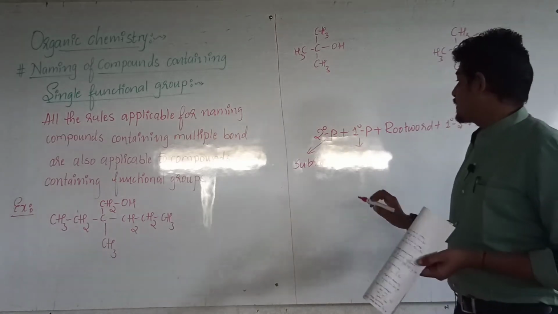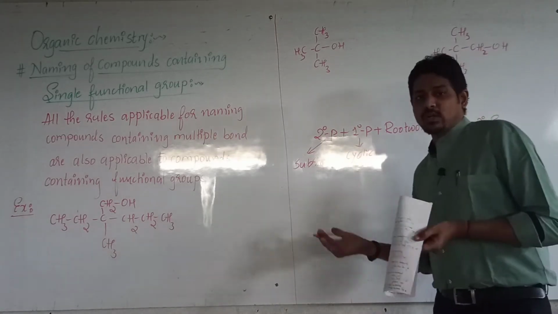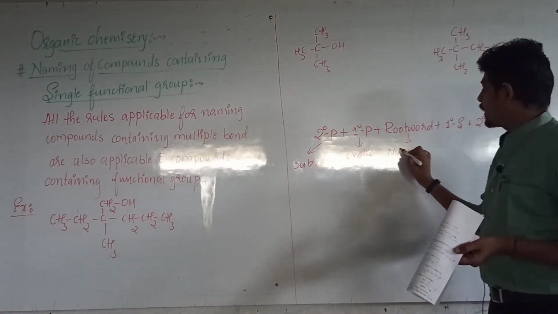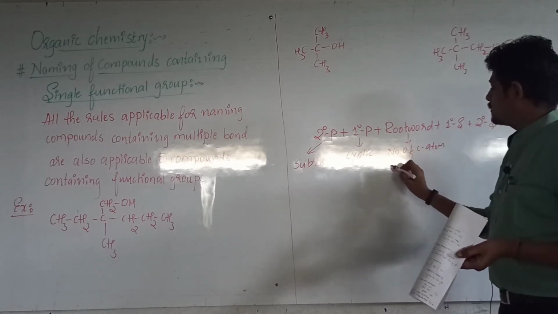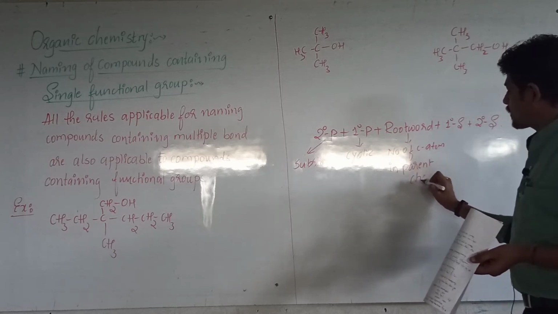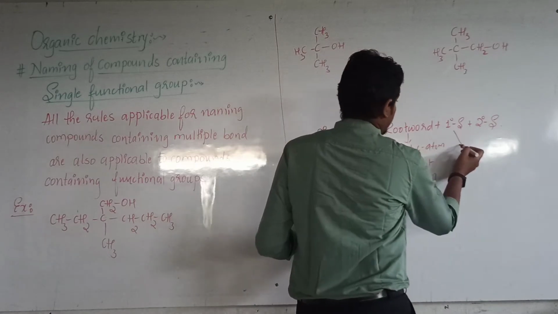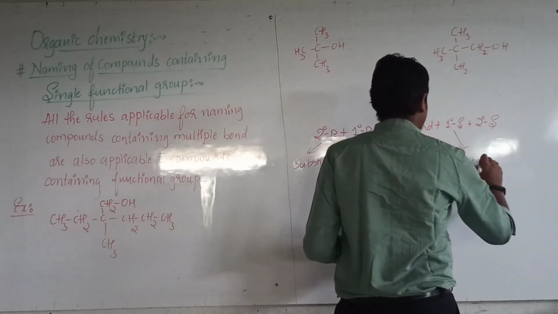The primary prefix will tell you about the cyclic nature, whether it is cyclic or non-cyclic. The root word will tell about the number of carbon atoms in the parent chain. Again I'm explaining for you. Then the primary suffix will tell about the carbon-carbon linkage.